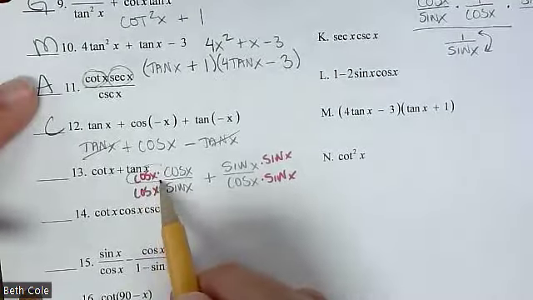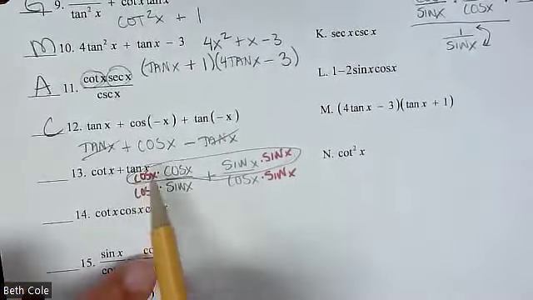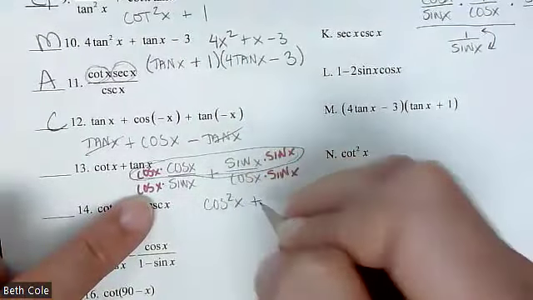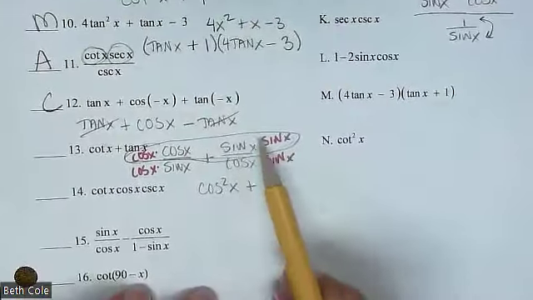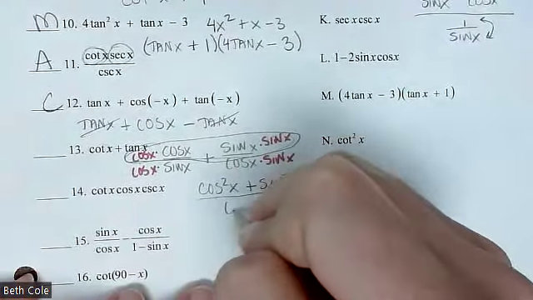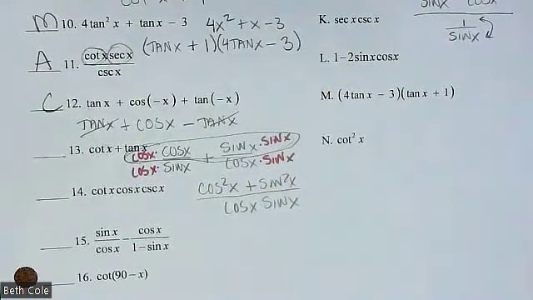Now, this is personal preference. I always circle the numerator like, hey, all this stuff is going to go together. Cosine times cosine would give us cosine squared plus sine squared over our common denominator. So we put it all together. Go us. All right, what is cosine squared plus sine squared?